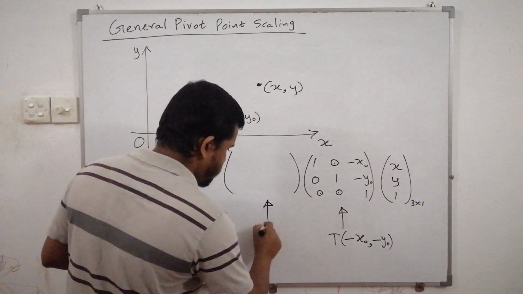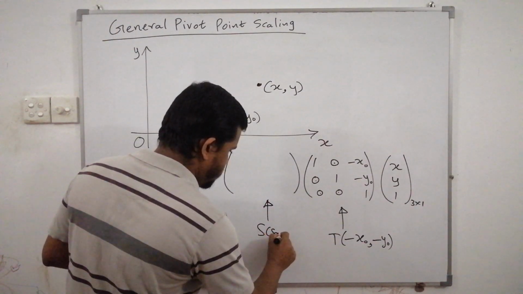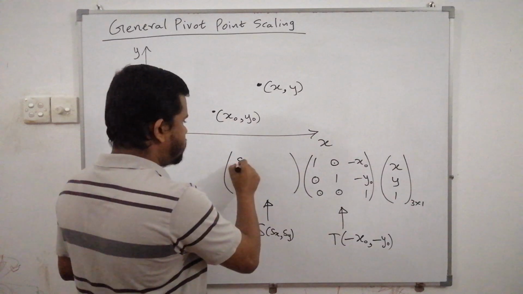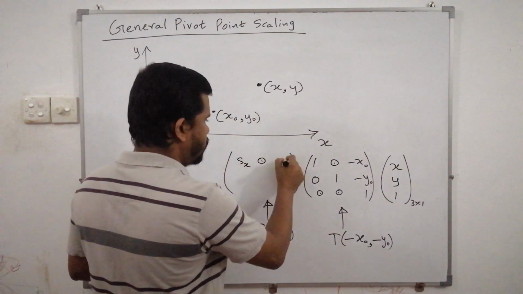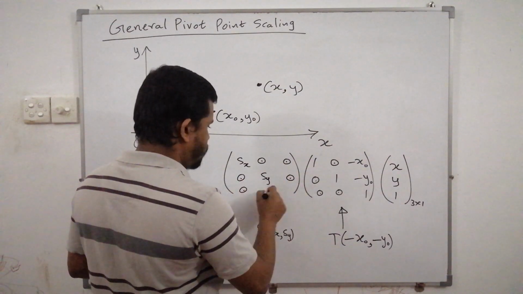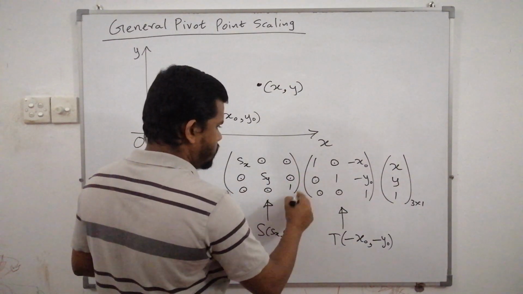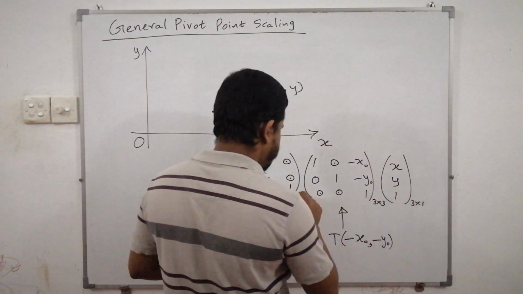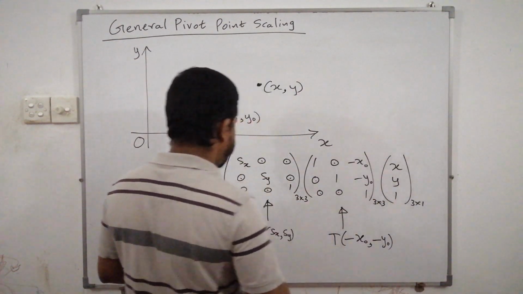So here we put S sx, sy: sx 0 0, 0 sy 0, 0 0 1. This is also a 3 cross 3 matrix.